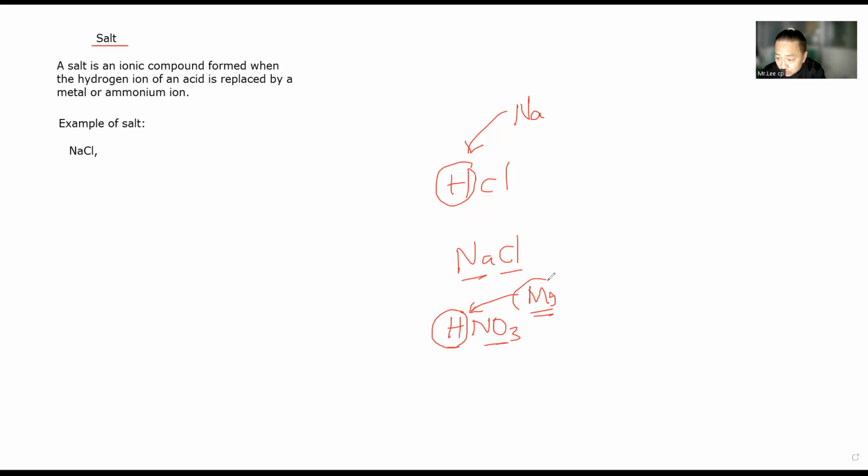As long as Mg is a metal, then this will be a salt. So we write Mg, NO3, with Mg being 2, so you write 2 here, and NO3 is 1, giving Mg(NO3)2. This is a salt.